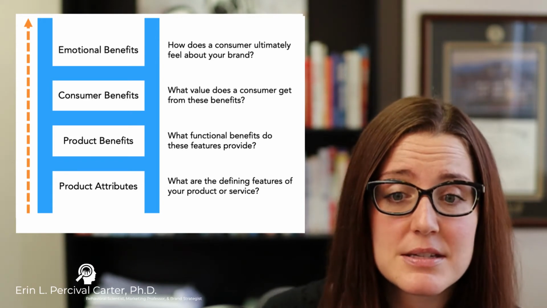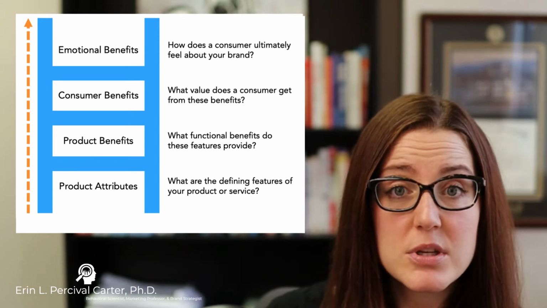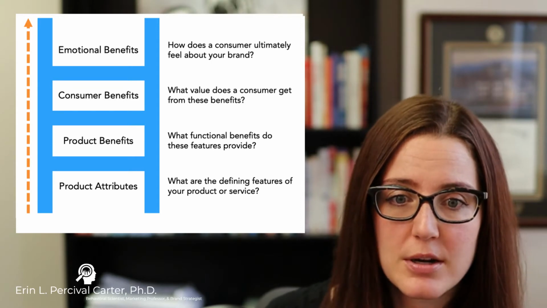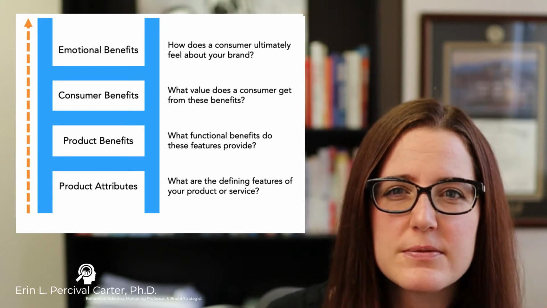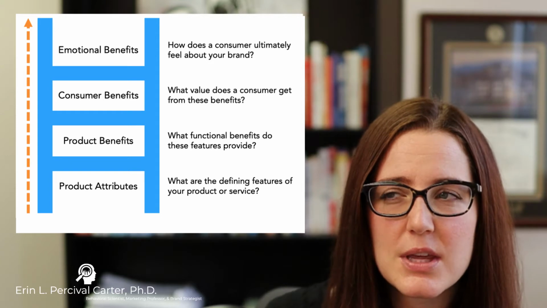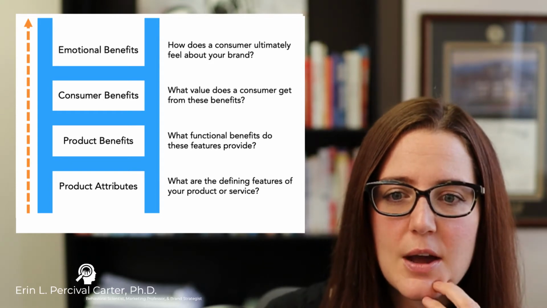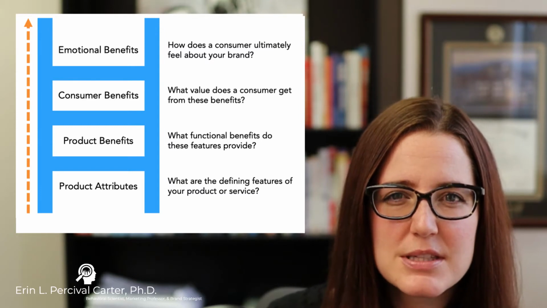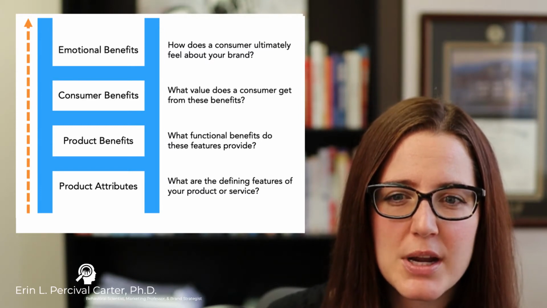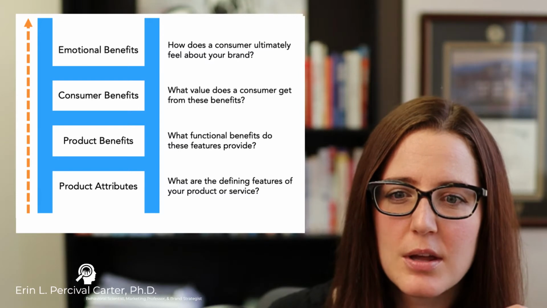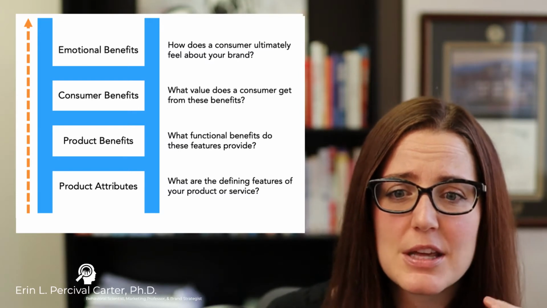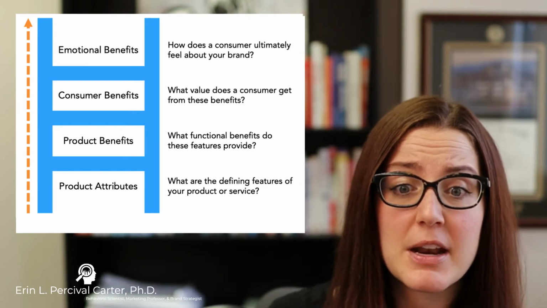So we take a product attribute and ask, what are the defining characteristics, the features that we want to highlight that are specific to our product or brand that we do particularly well? We're going to translate those product attributes into benefits.